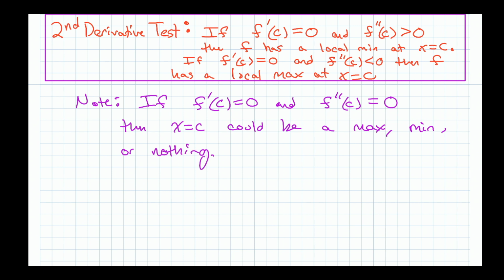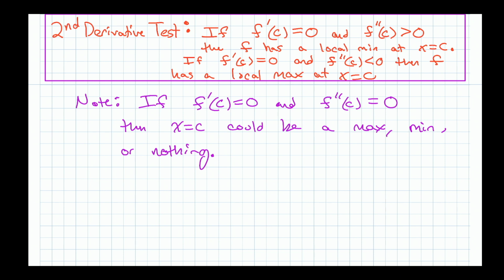So you don't know anything. And that's why I try to avoid the second derivative test, because sometimes it doesn't tell you anything. And if it doesn't tell you anything, then you have to go and do the first derivative test anyway. So if you have to do the first derivative test, you might as well have started with the first derivative test, in my opinion.